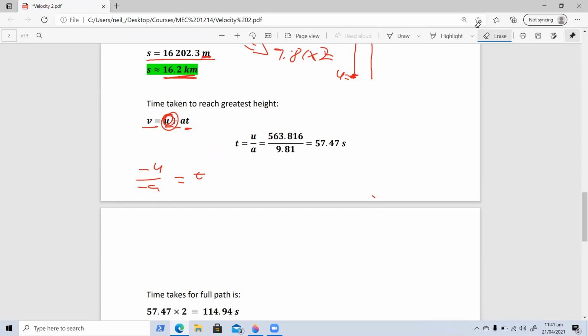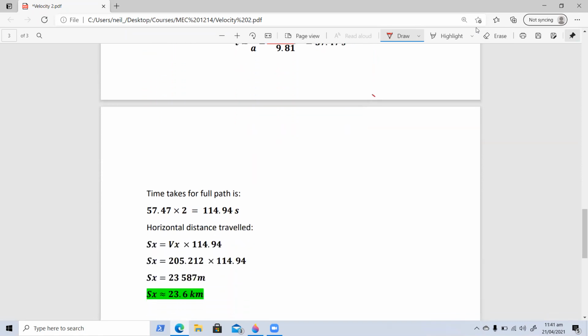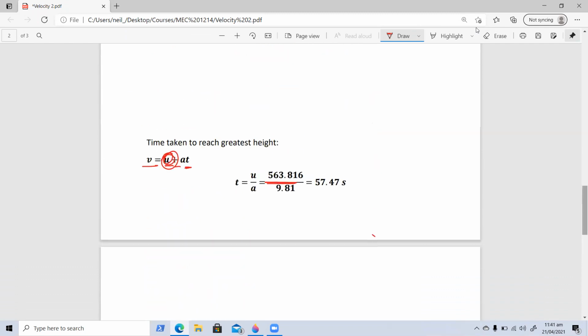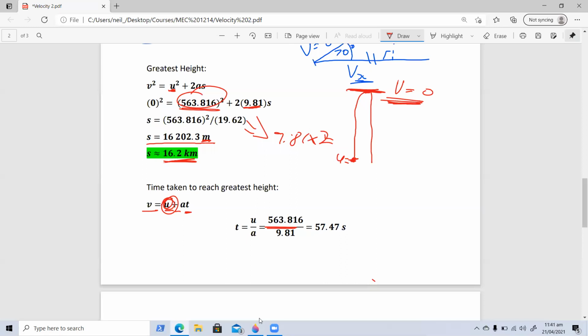Now, the reason we use the vertical component again is because we're finding time for half. When we're finding the horizontal distance, that's when we bring in the horizontal component. But just to find time, because we already know the greatest height, we can use the vertical component with the acceleration, and we know the velocity here is 0, to find the time taken per half.